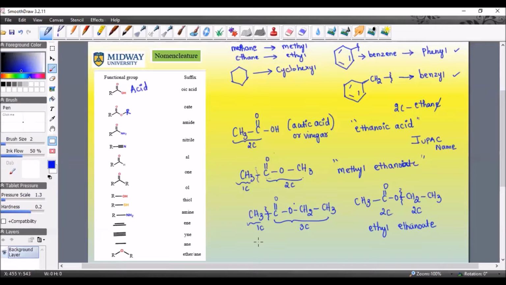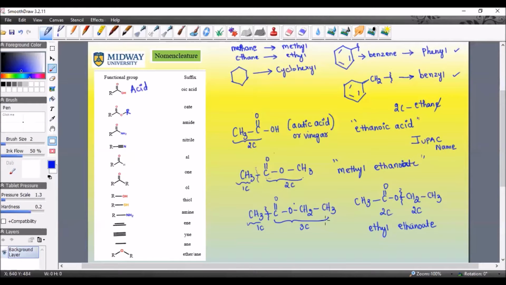What if we split here? Then this would be 3 carbons, which is propane, and this will make no sense. Does it make sense? That means if we split it as 3 carbons, propyl cannot come before methyl.